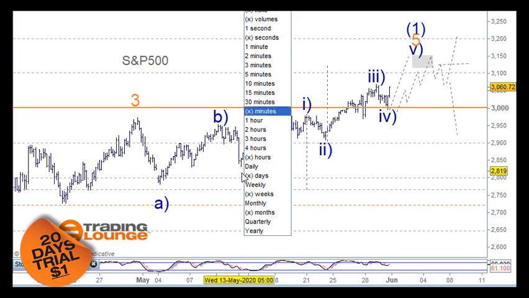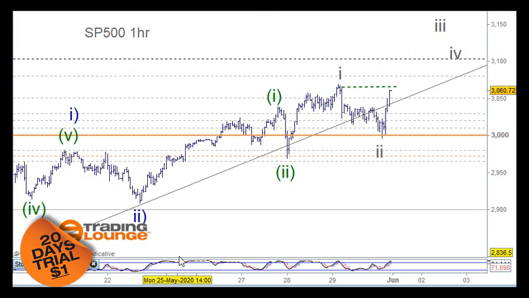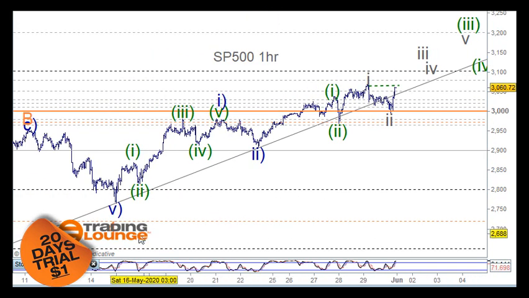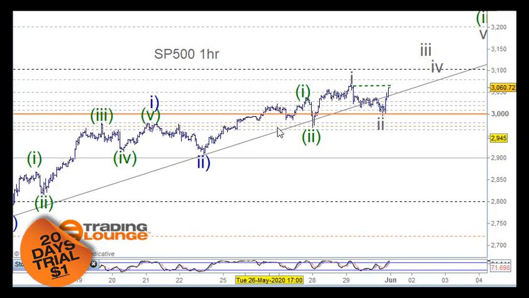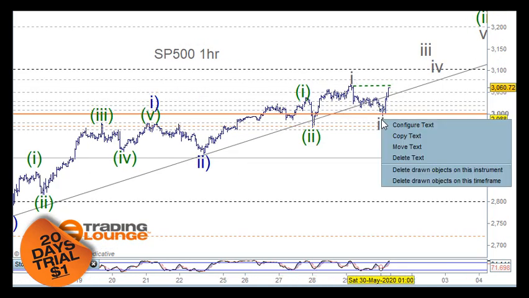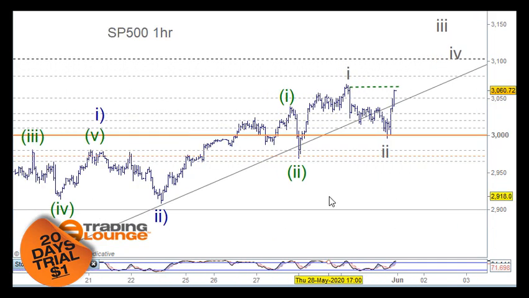The other count here, which we had a look at last time we spoke, is looking at wave 4 here still, but counting this as 1, 2, 3, 4, 5 for 1 here and 2 here, and then 1 here and 2 here, then 1 here, and I did have wave 2 sitting just in here, but we do have a nice ABC pattern through here.